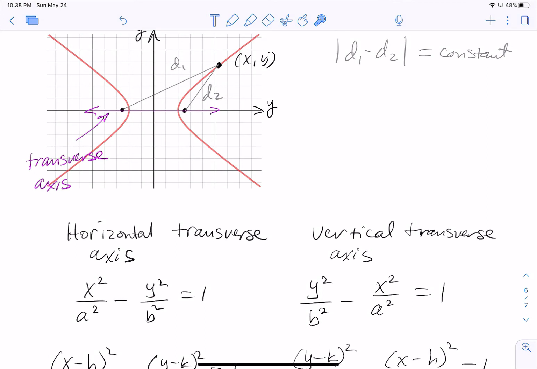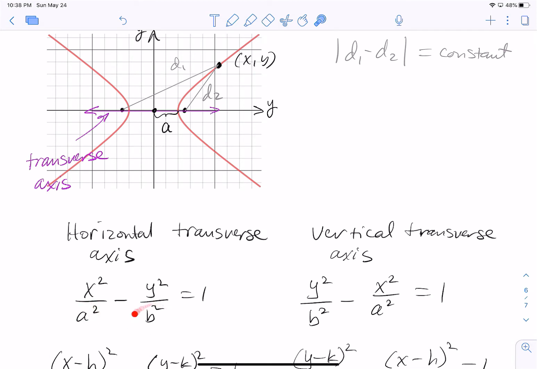Let's turn to our picture, which has a horizontal transverse axis, and the distance from the center to a vertex is a. So the square root of the number underneath the x squared term.